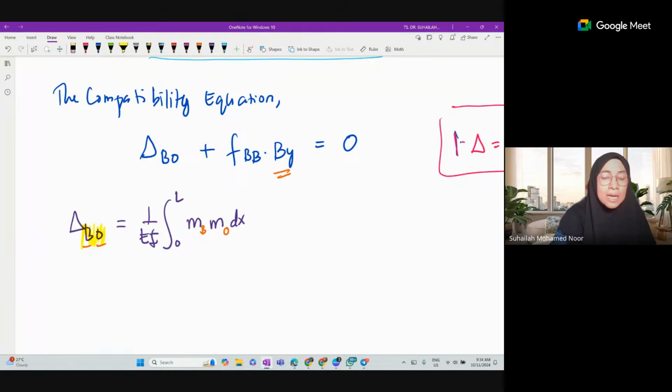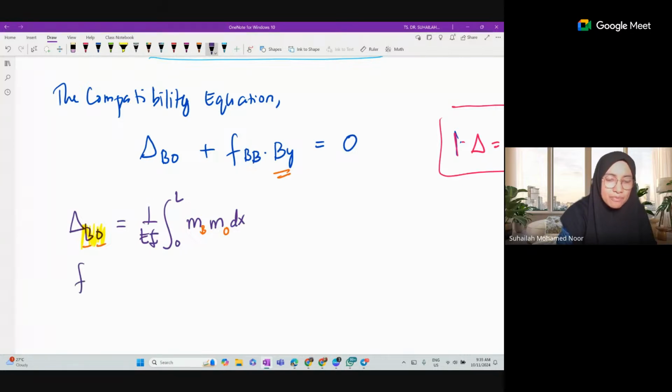Based on the label B and naught, remember naught is always the label for the primary system, so B refers to the redundant system. So we have MB and M naught dx. This is for the first one, delta B naught. Another one is FBB.